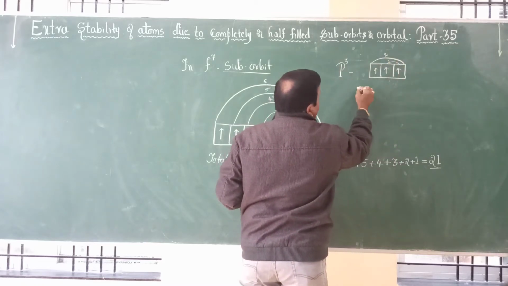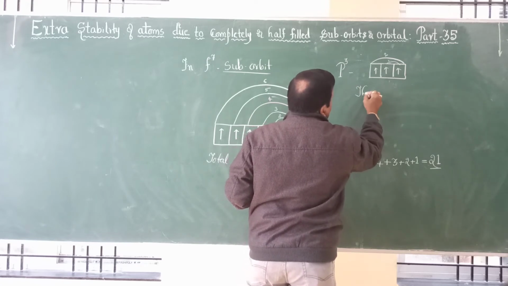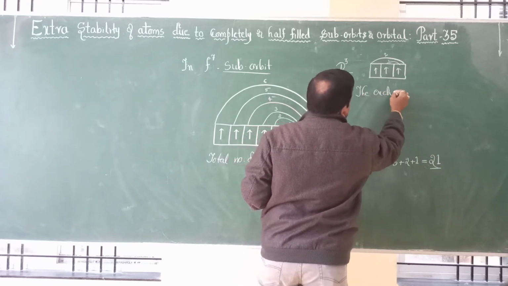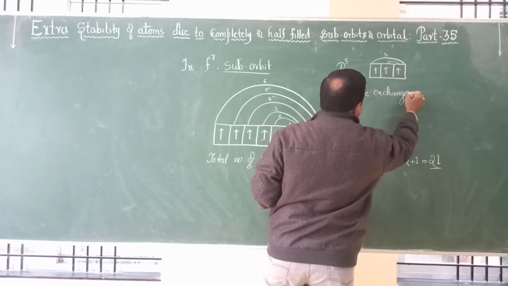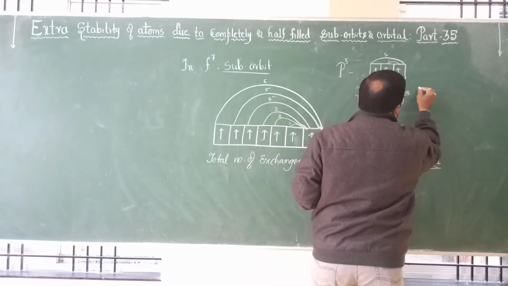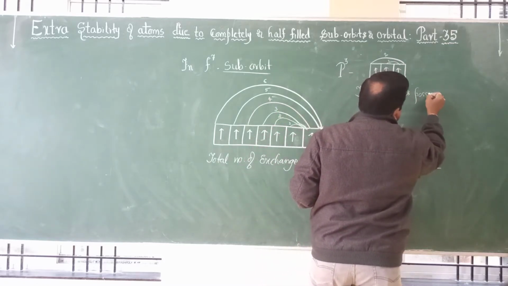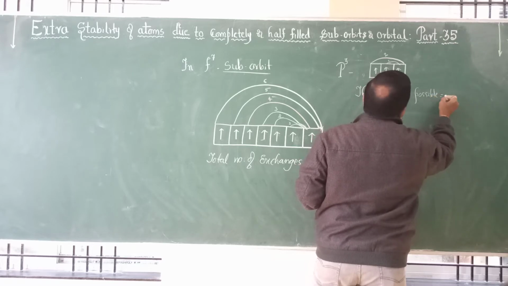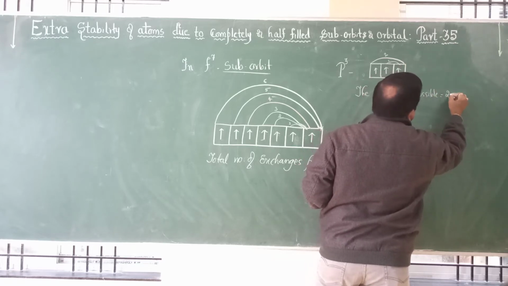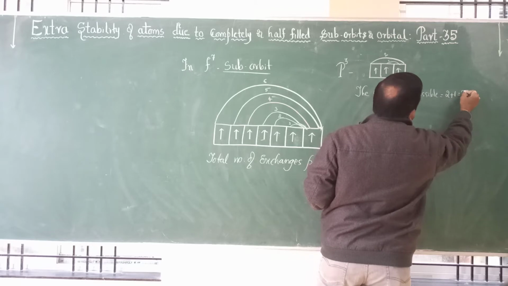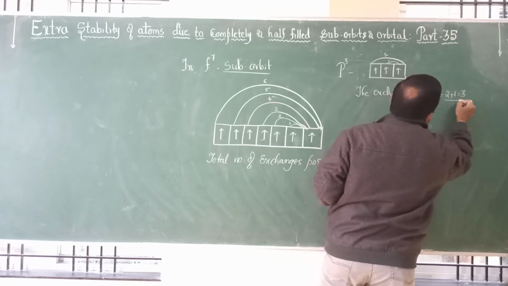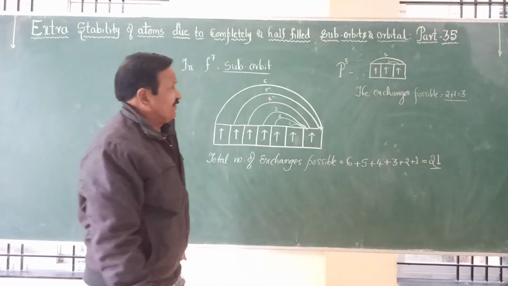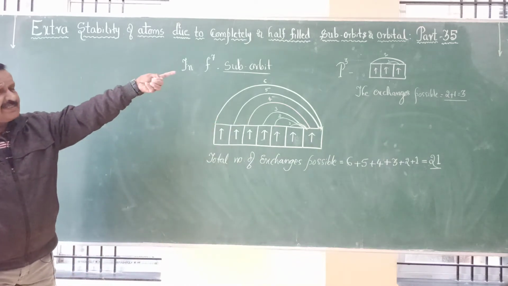So the exchanges possible will be 2 plus 1, that is equal to only 3. So exchange energy is very less in case of p orbitals.